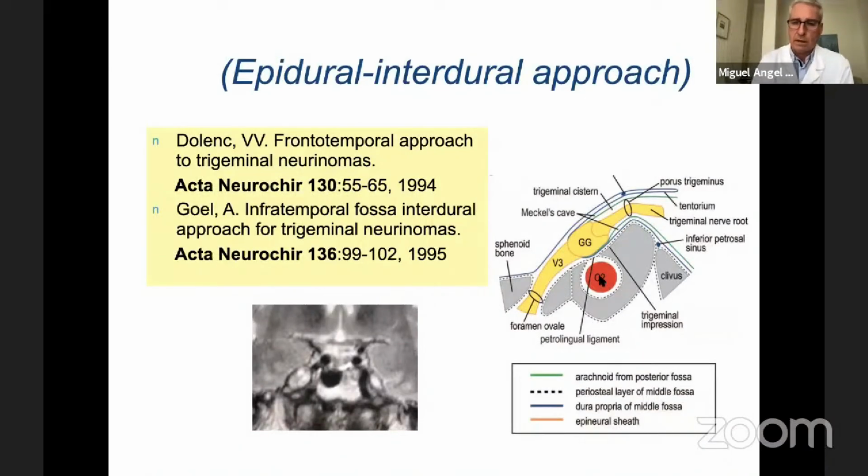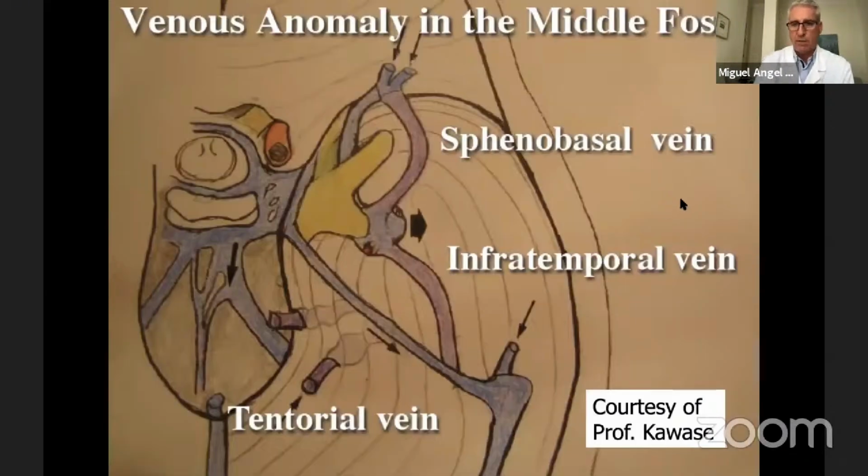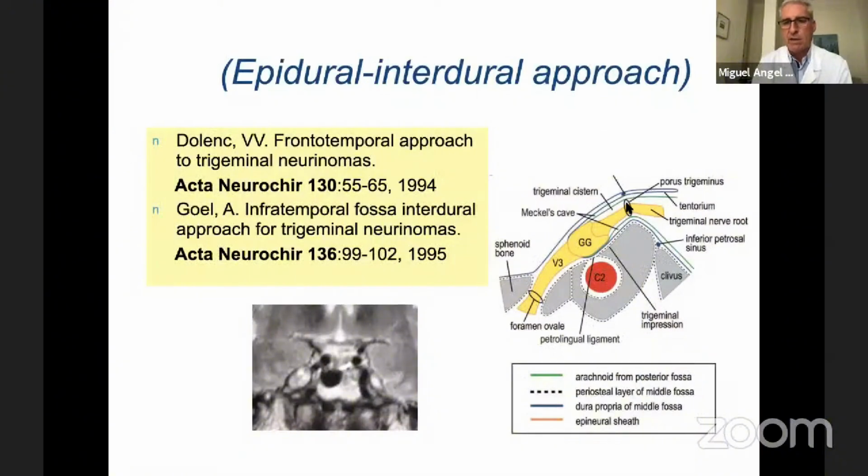I think that this slide is showing the relevant anatomy for the youngest colleagues participating in this webinar. You can see the trigeminal nerve. You can see the trigeminal ganglion that is inside Meckel's cave. You can see porus trigeminalis, that is the opening where the trigeminal nerve is getting inside Meckel's cave and converts into the trigeminal ganglion.